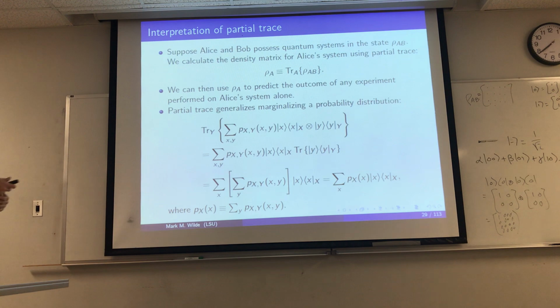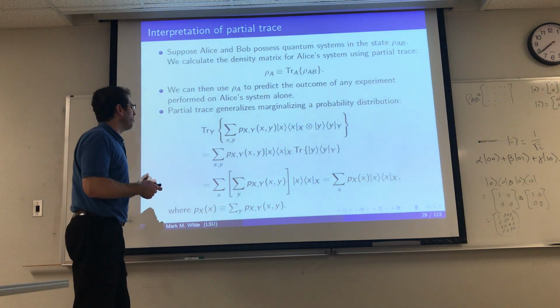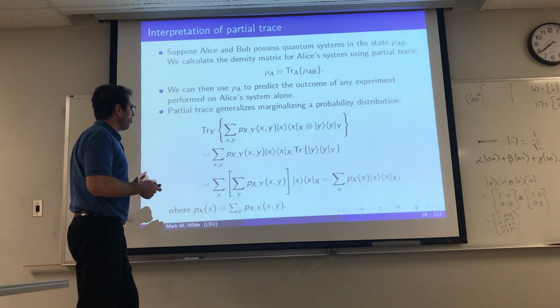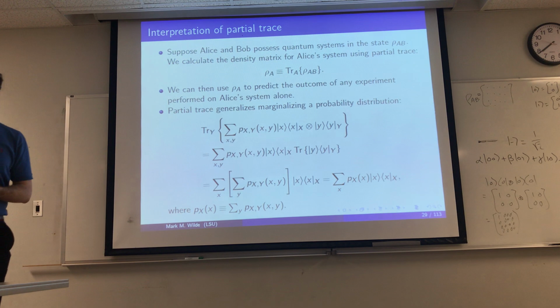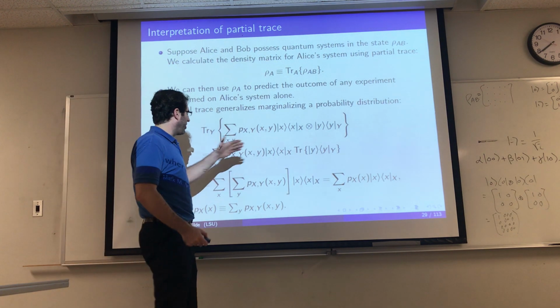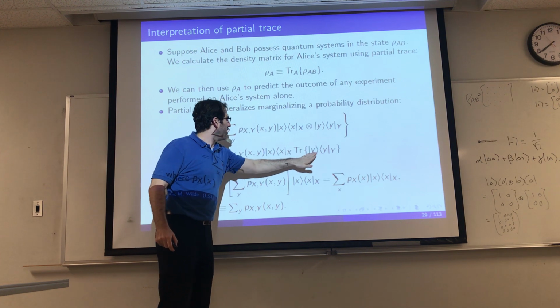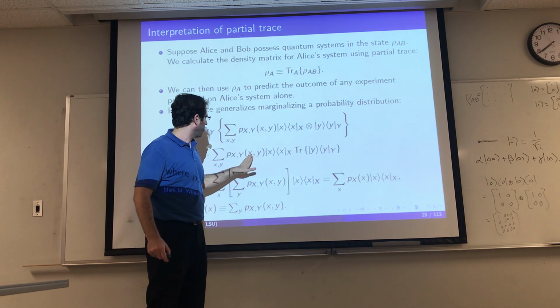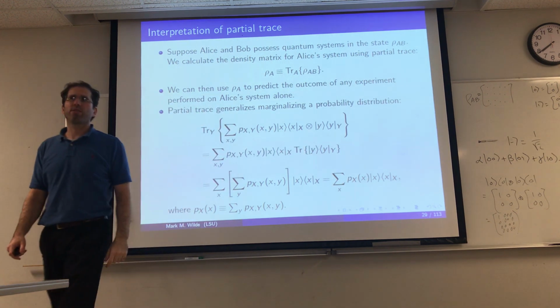Okay? Then if you do the partial trace, one thing you can prove, we stated that partial trace is a linear operation. So then what does that translate to? The operation we showed previously is equivalent to exchanging the trace with the sum in these scalars and doing the trace on these. Okay?